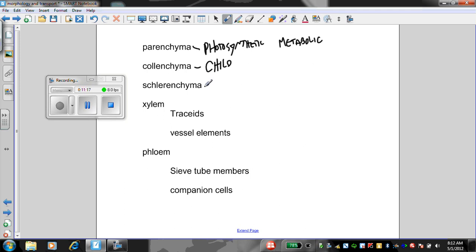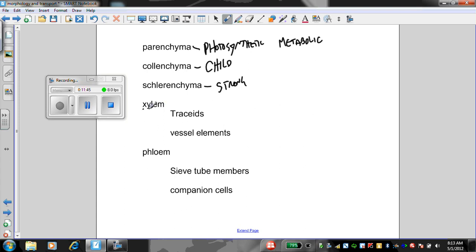And then sclerenchyma is going to be more strong, right, aged structure, which you would see in a tree that has grown for many years. You're going to see this strong tissue, more like a bone that is ossified, right, calcified, compared to parenchyma, where it'd be cartilage-like and have a lot of flex to it.